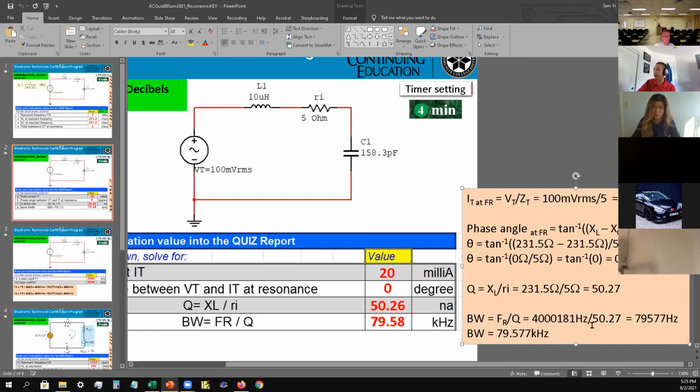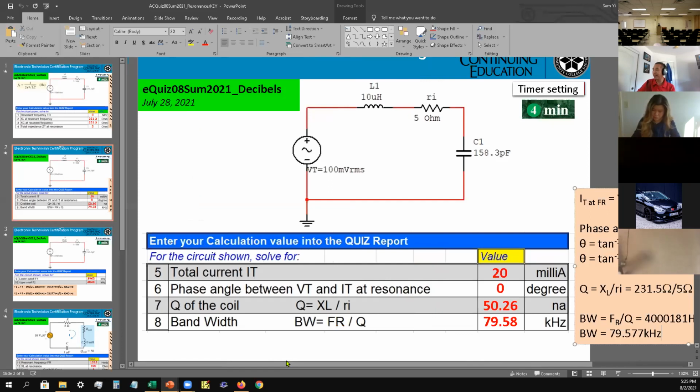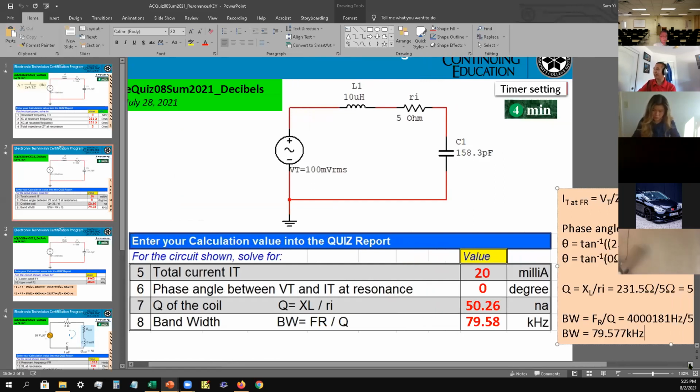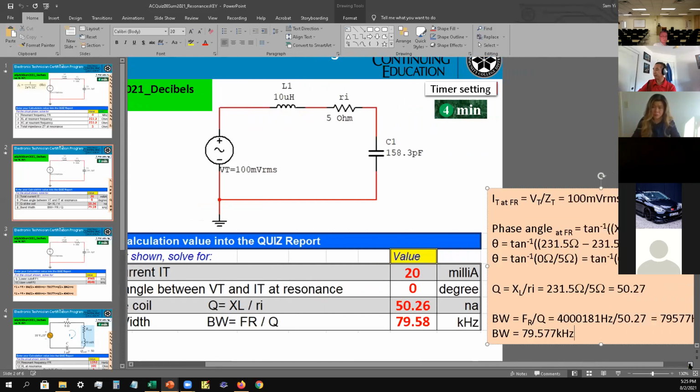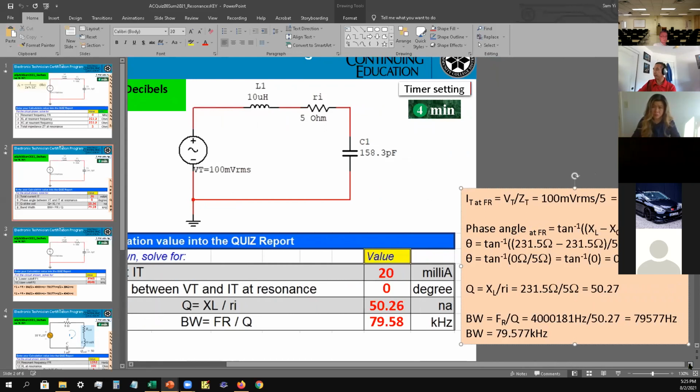Any questions on number 5, 6, 7, or 8? Yes, a question about bandwidth: is the calculation more critical in finding the frequency for that bandwidth?